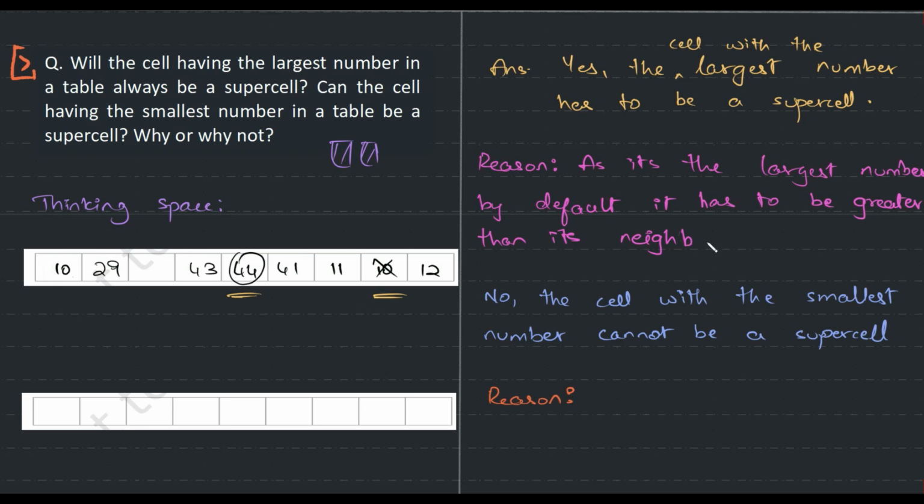My handwriting was better. I don't know, it's been some time. Similarly, here, as it's the smallest number, by default, it has to be smaller than its neighbors.